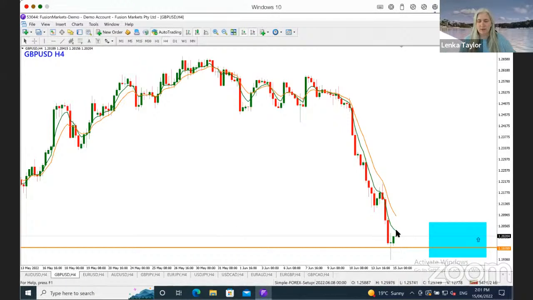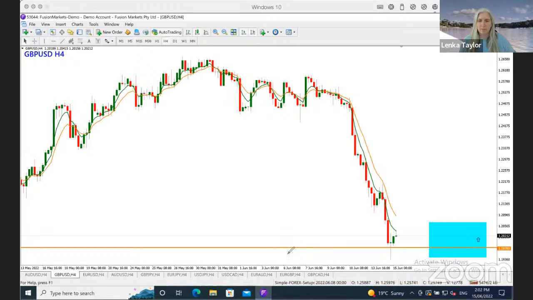The price action that would indicate a reversal is if we get a double bottom. Okay, so we need some price action that maybe shows a double bottom, maybe a false break, and then a retest to go long.